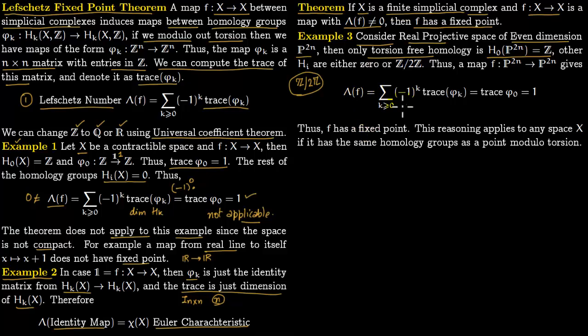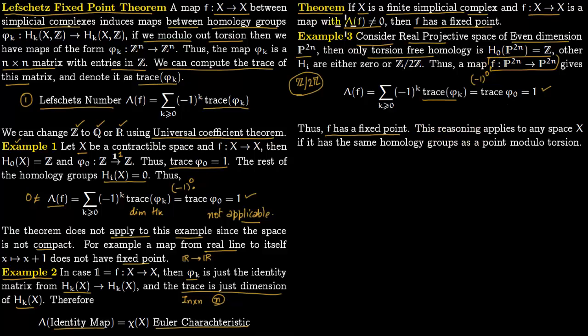So lambda of f is the sum over k greater or equal to 0 of minus 1 to the k times trace of phi k. Now we've already considered this 0th group, so minus 1 to the 0 times trace of phi 0, which is 1. Therefore this f has a fixed point. So you have a map f from P2n to P2n, it will have a fixed point.